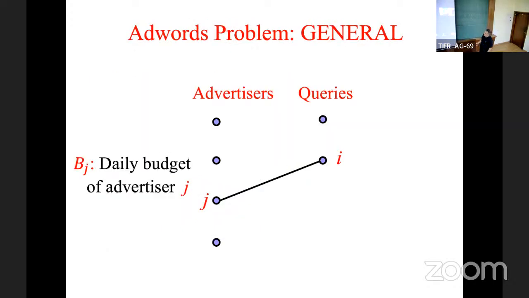So this is the AdWords problem. Each advertiser has a daily budget Bj, and for each query has a bid cij. This is the abstract problem. Okay, there's an underlying graph where the edge just says that this advertiser is interested in this query. The query could be pepperoni pizza, or it could be samosas.